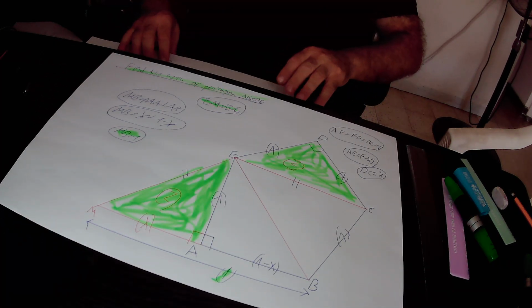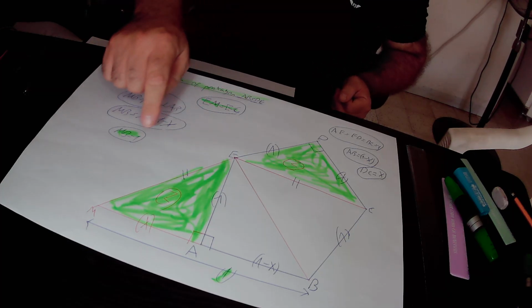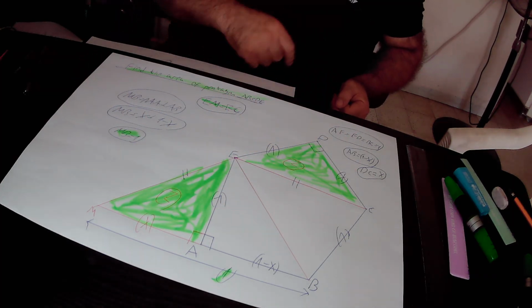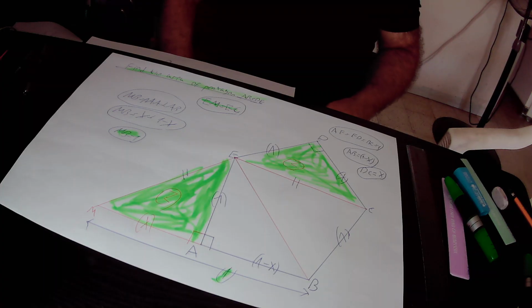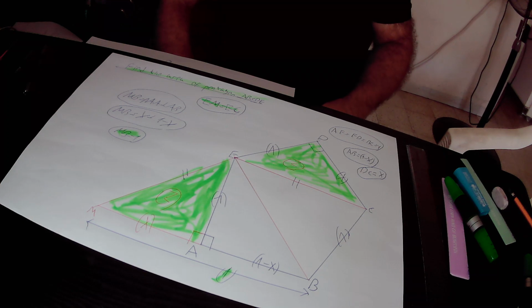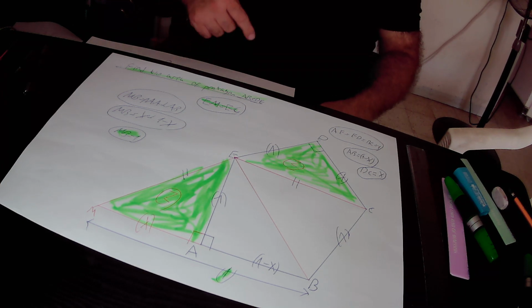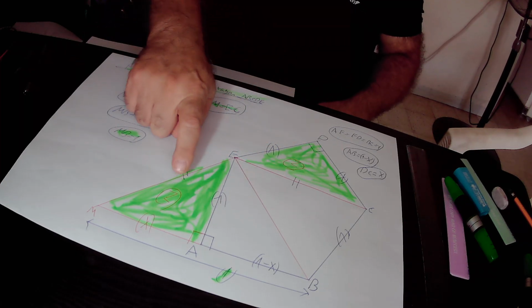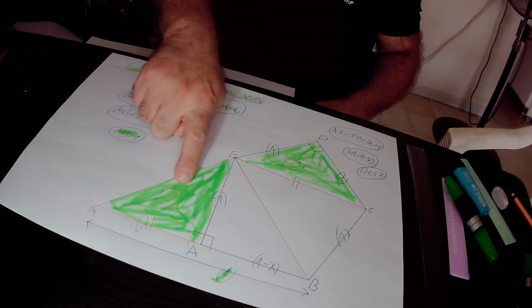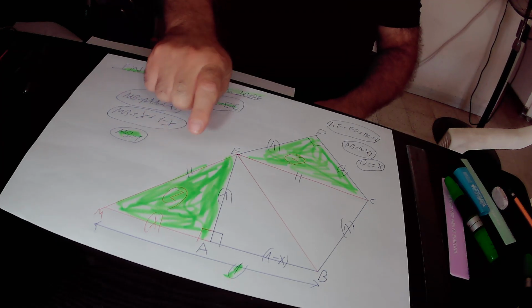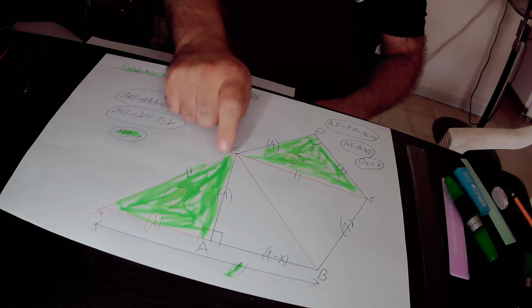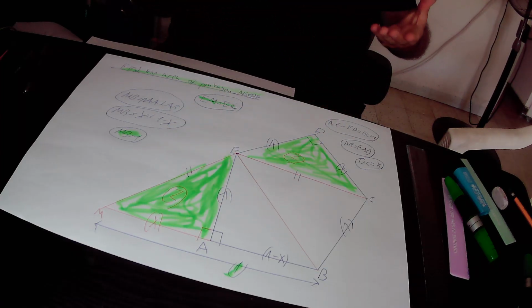But we can look at the big quadrilateral MEBC in another way, and we find out that it consists of two other shapes. It consists of this green right triangle EMA and this quadrilateral ABCE.